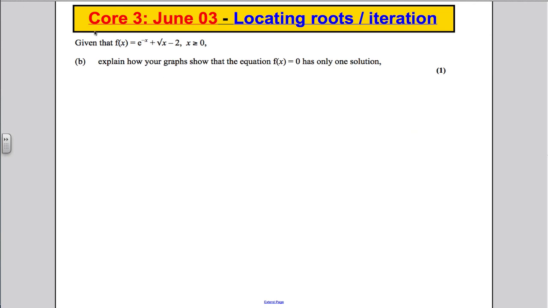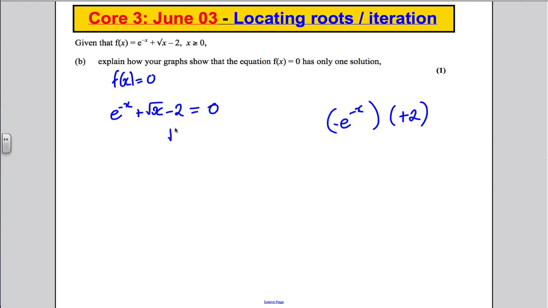Part B then says that given f of x is equal to this, explain how your graphs show that f of x equals 0 has one solution. Well, if I let f of x equal to 0, then e to the negative x plus root x subtract 2 is equal to 0, which is, if I subtract e to the negative x off both sides and add 2 to both sides, the same as the square root of x is equal to 2 subtract e to the negative x.